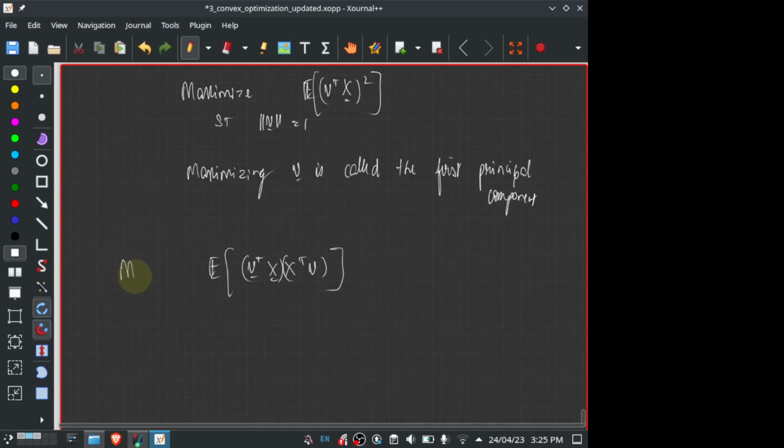I want to maximize this, which is expectation of v transpose x x transpose times v.